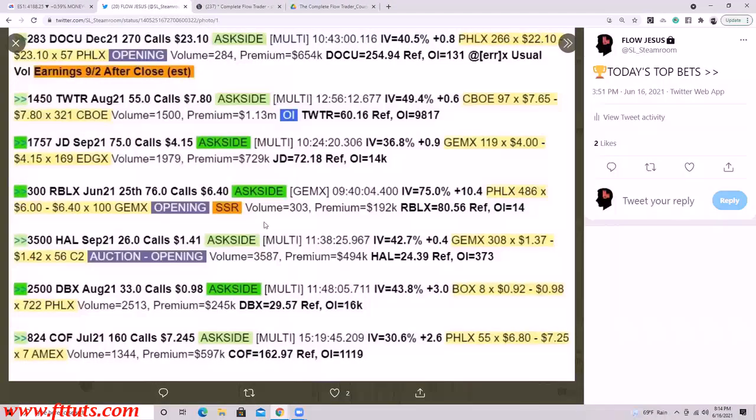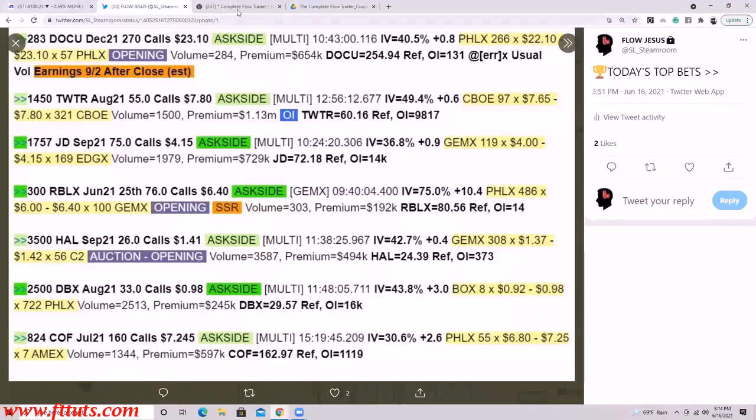Okay. When you can eliminate any sort of doubt possible, it's a good thing. So that's the beauty of seeing opening activity. Otherwise, again, you got to wait till open interest the next day to confirm it. It's not the end of the world, but it takes out the doubt right there and then.